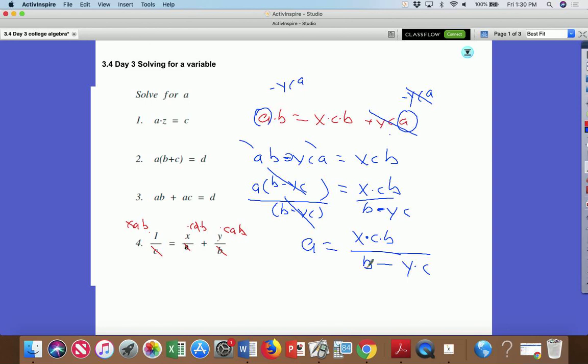Now, can there be factors within? Can you have a plus sign within factors? Absolutely. Raise your hand if you think that this is factored. Raise your hand if you think that you can cancel out factors. Is this a factor of the bottom?